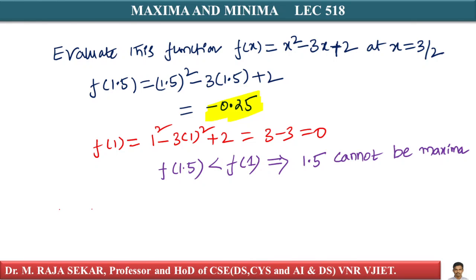What does it mean? I notice that f of 1.5 is less than f of 1, which implies 1.5 cannot be maxima, isn't it? You won't get the maximum value at 1.5 because there is some other value of x for which you are getting a greater value. Therefore, 0 is greater than minus 0.25, isn't it?